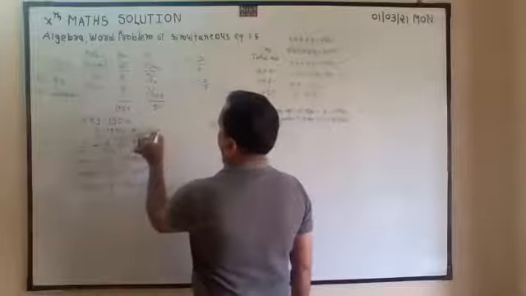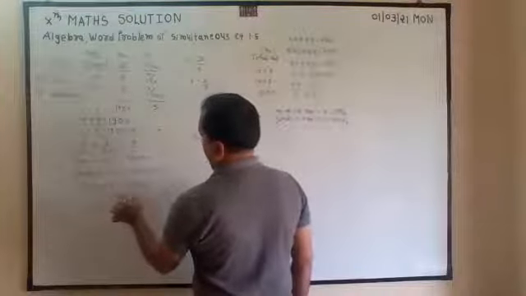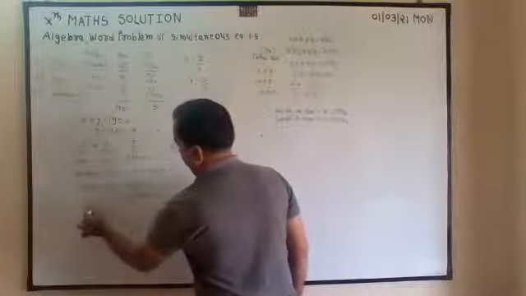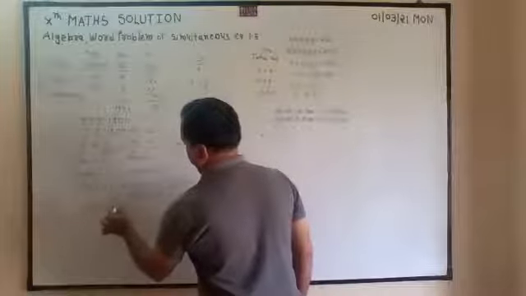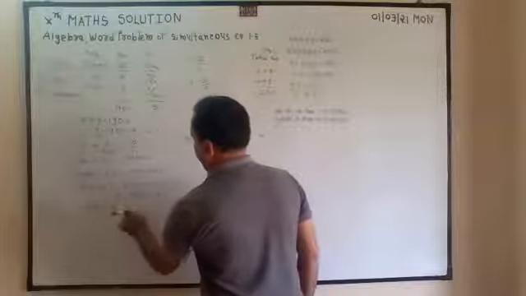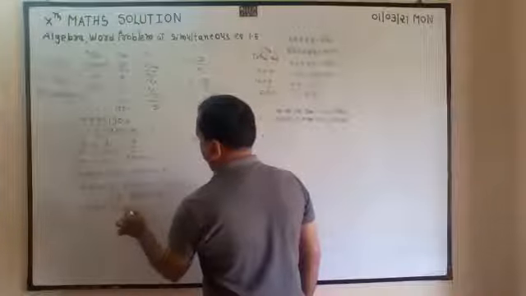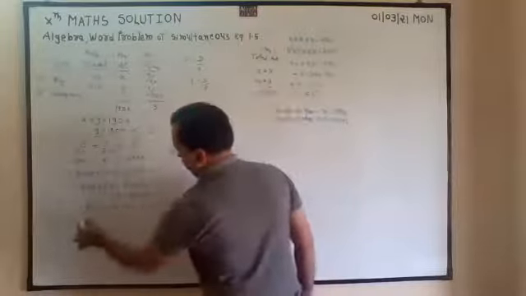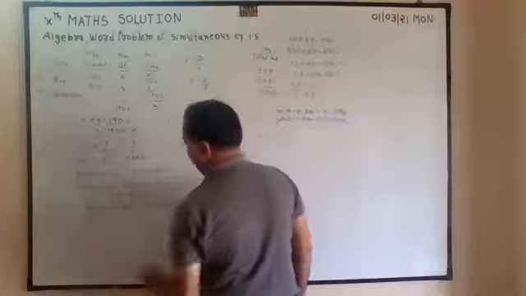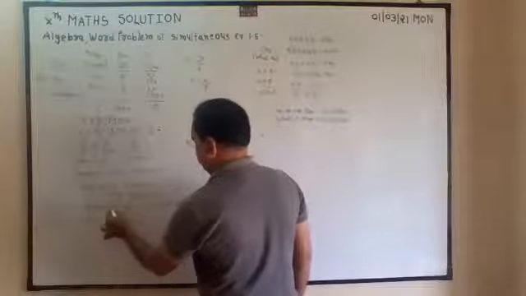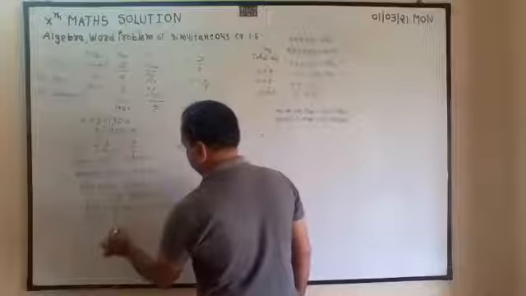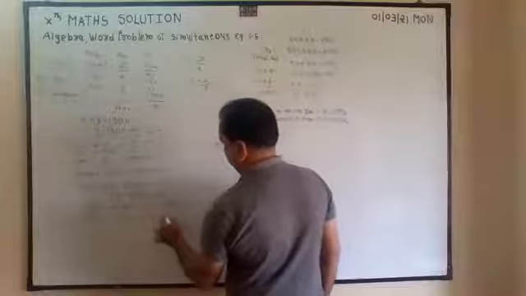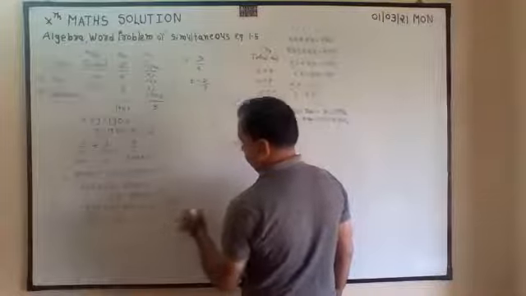Now I will substitute this. y is equal to 1900 minus x. So 70x plus 6 into 1900 minus x is equal to 21,000. So 70x plus 11,400 minus 6x is 21,000.